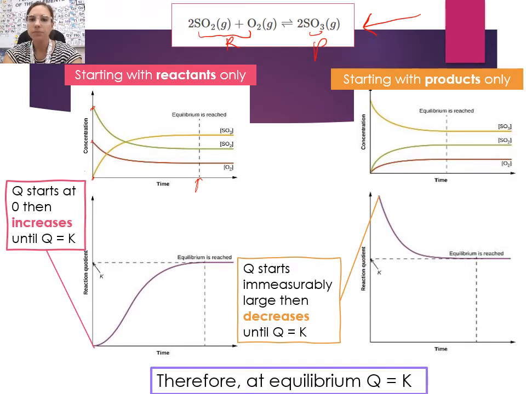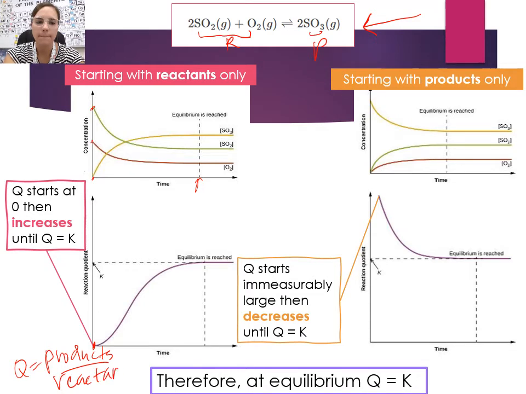If I start with reactants only, well, Q is just products over reactants always, okay? So if I don't have any product, then I have 0 over reactants, and so Q starts at 0.